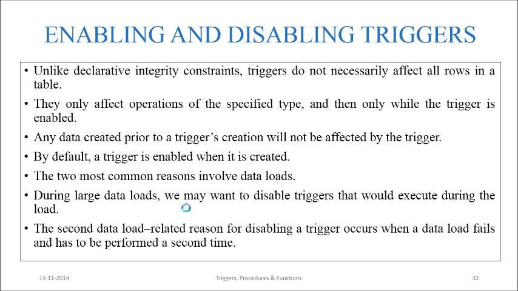The second reason is also data load related: it occurs when a load fails and has to be performed a second time. In this case, it is likely that the load partially succeeded, and the trigger was executed for that portion.